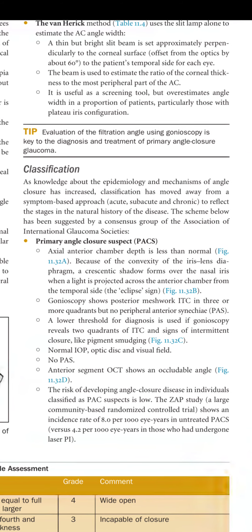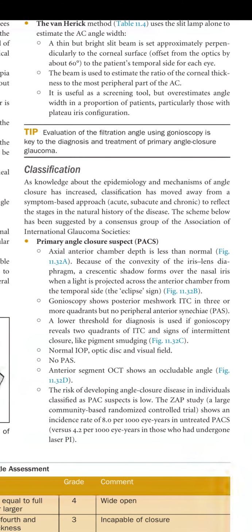Classification. As the knowledge about the epidemiology and mechanism of angle closure has increased, classification has moved away from the symptom based approach, acute, subacute, and chronic, to reflect the stage in the natural history of the disease. The scheme below has been suggested by the consensus group of the Association of International Glaucoma Societies.